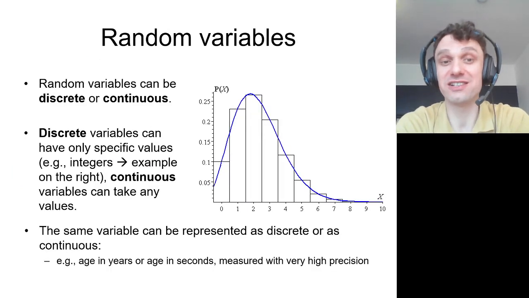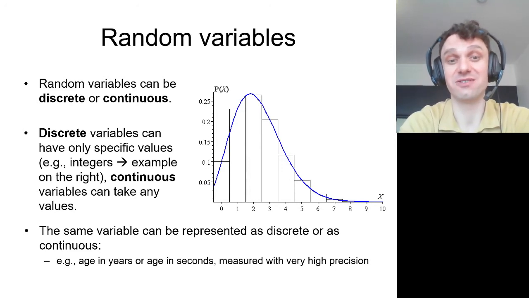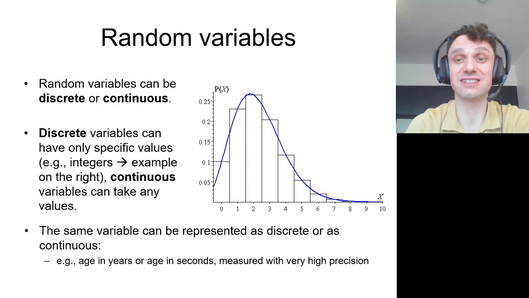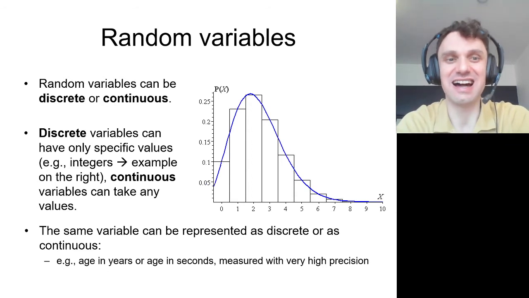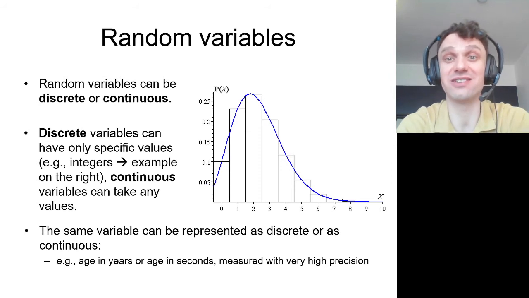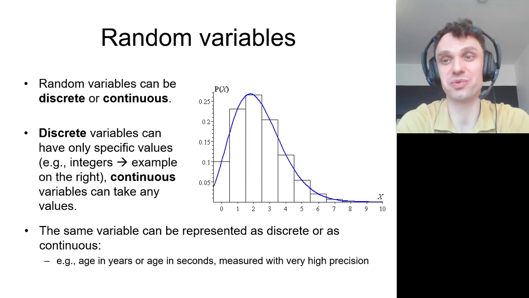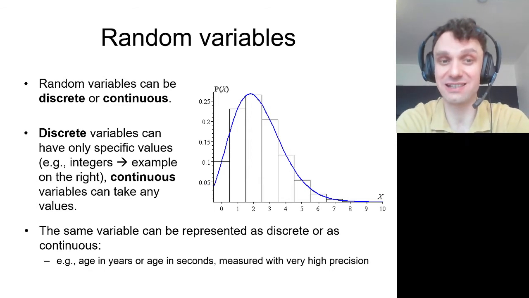So no matter what it is that you are measuring, your variable can be discrete or it can be continuous. If your variable is discrete, it can only take specific values. For example, you throw a coin and the result is either heads or tails. Or if you ask a person to reply on a scale from 1 to 5 how much they like ice cream, the answer will be 1, 2, 3, 4 or 5 and nothing else.